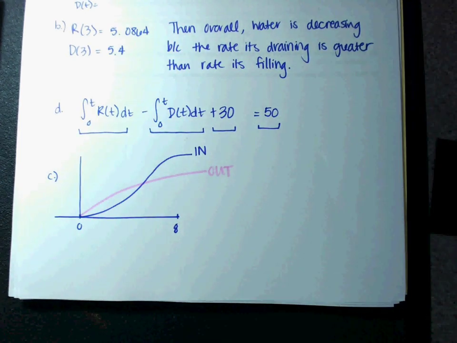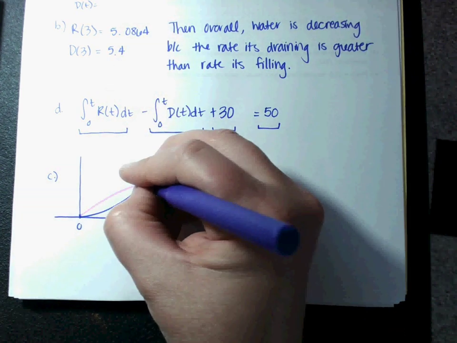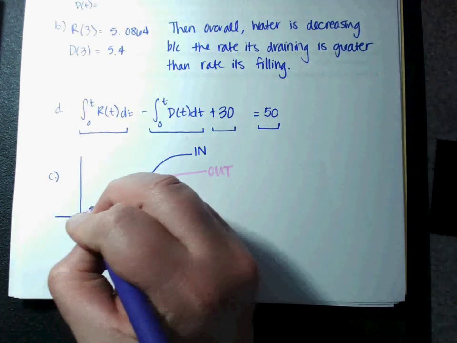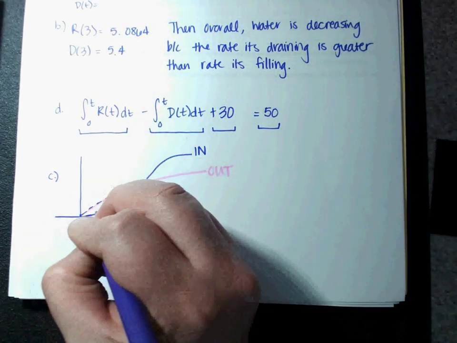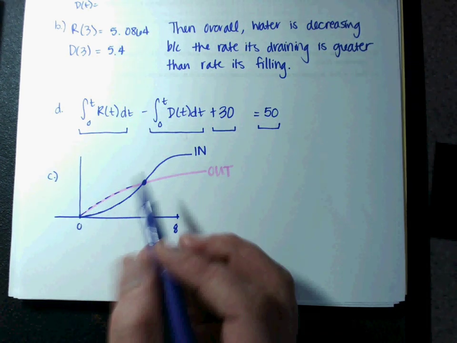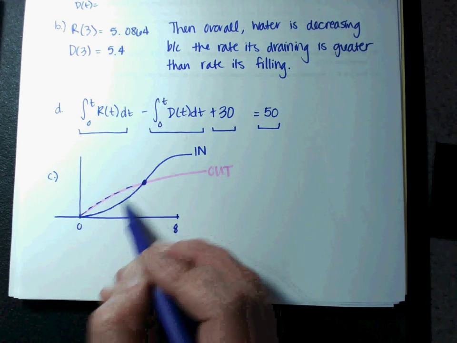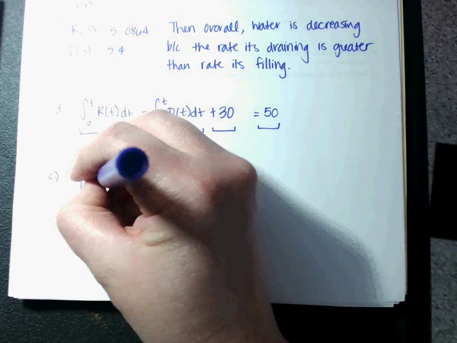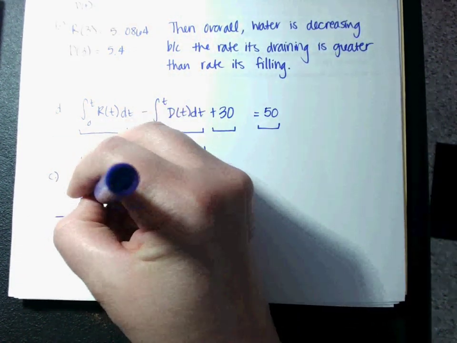Think about the first interval of time, all the way up until where these graphs intersect: my out rate was greater than my in rate. If my out is bigger and my in is smaller, then overall the water level is decreasing.